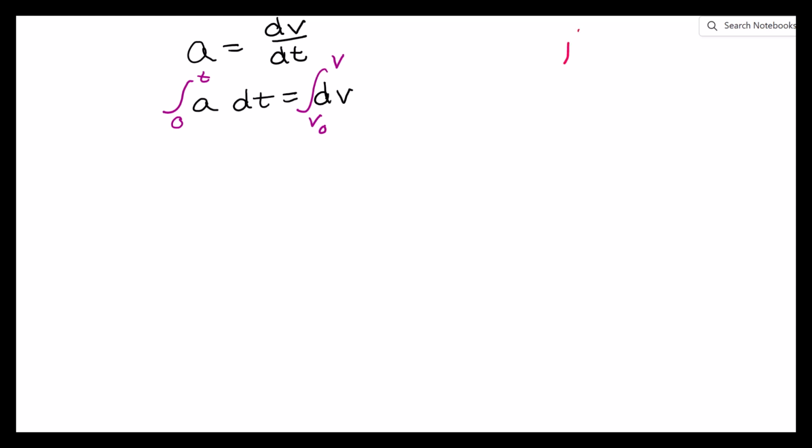If I had t squared plus 1 dt, from whatever to whatever, it would be 1/3 t cubed plus t, and you would evaluate it at the limits, like 1 to 5, or whatever it happened to be.